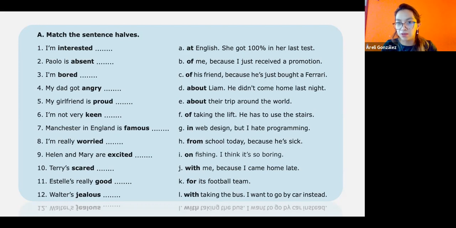Or I'm not keen on boxing. Is it correct? Okay, keen on an activity or a person or something. Keen on means when you are very enthusiastic or very excited about something, okay? But it's a British expression.